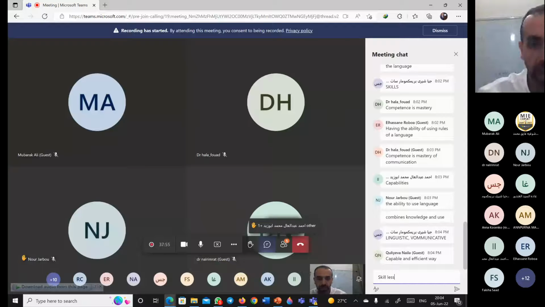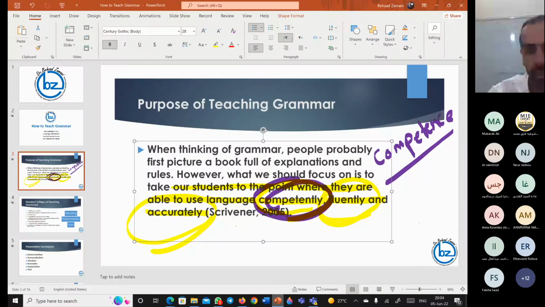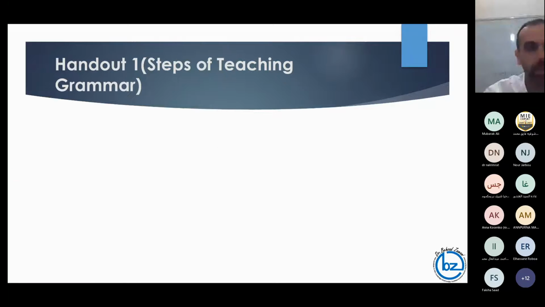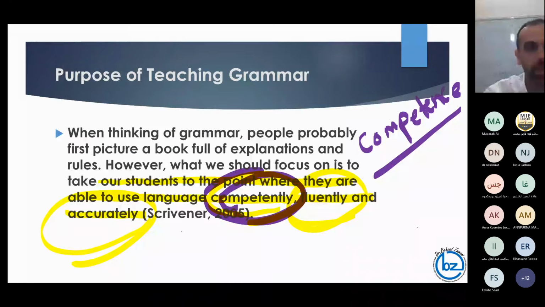Nice, I've really benefited and learned from your nice definitions. So Jim Scrivener says you will take your students to the point that they are able to use the language competently, fluently, and accurately. There is a big issue in teaching grammar in most of the classes that I have observed.